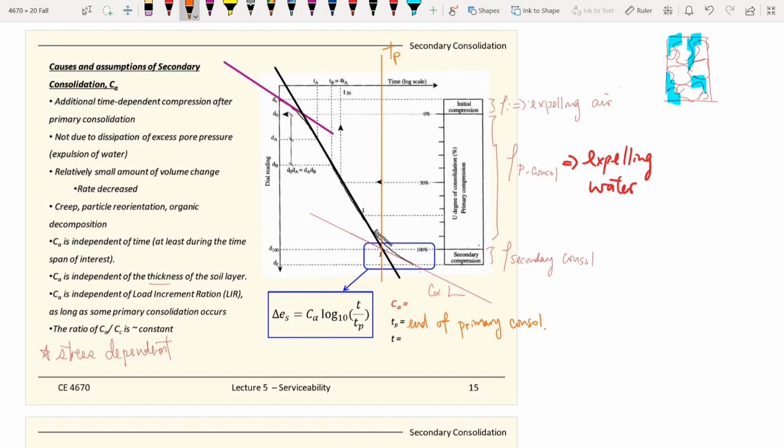Otherwise, there's always pore water trapped. So I call this stress dependent. It's because this T sub P here is stress dependent, which means the whole primary consolidation is stress dependent. If you increase the stress level, there will be further pore water that can be pushed out because of the increase of the loading.